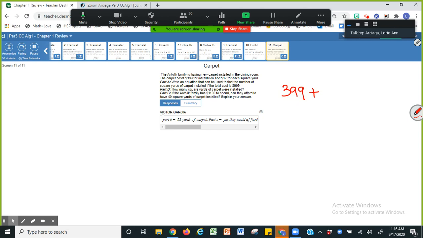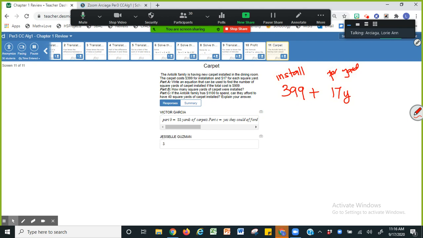Okay, and then you will be charged $17 for each square yard. So this is your installation. And then per yard, you're getting charged $17. Okay? Let's choose a variable for the yard, the y. Okay, so $399 plus 17y.